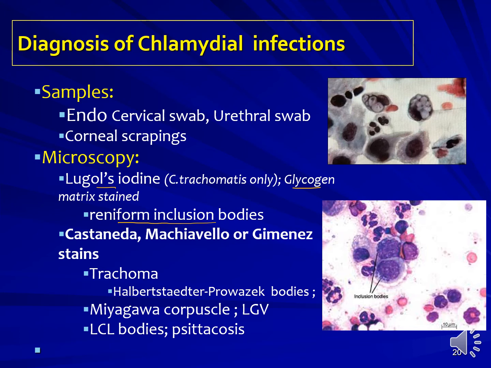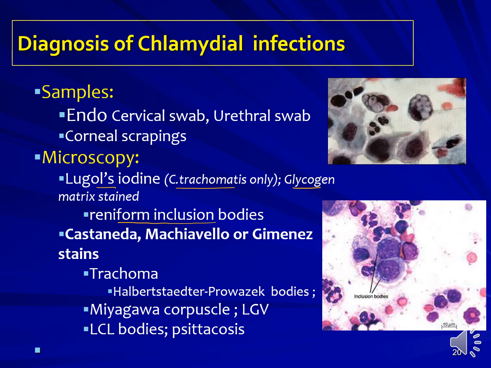Mainly this kind of reniform inclusion bodies are demonstrable in infection with Chlamydia trachomatis, whereas the other species of Chlamydia can't show this kind of reniform inclusion bodies with Lugol's iodine stain. That is a very important point.